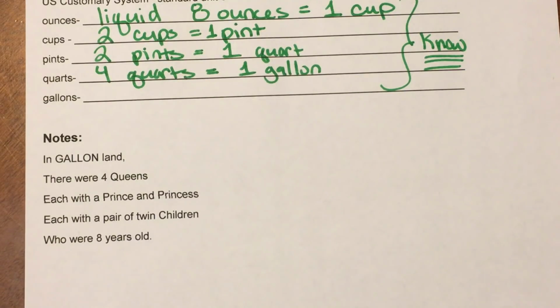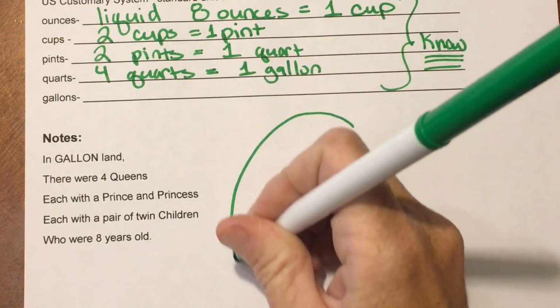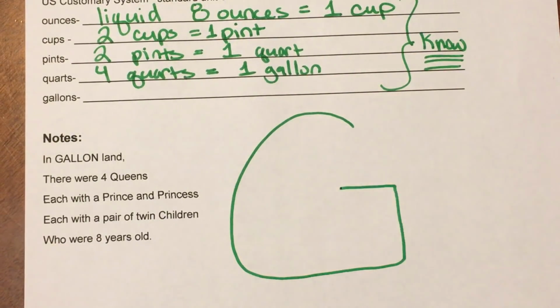I always use the picture when I do these questions because I don't even have all these memorized without the picture. So what I have is a big G. And if you think about if you just did this one time, then you could refer to it for the whole day or for the whole assignment.